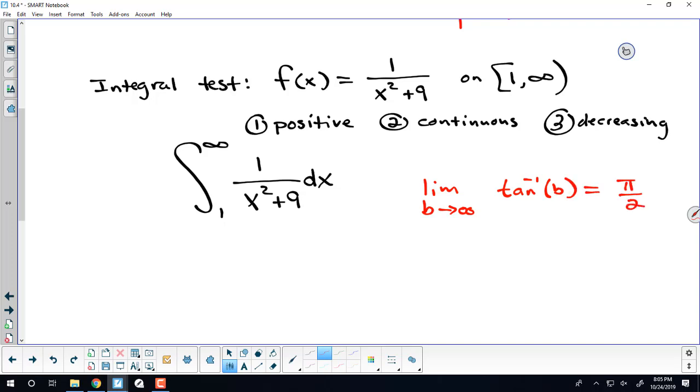So you would get a finite value here for this integral. Noticing that we could shift it saves quite a bit of time. Verifying that it's positive, continuous, decreasing, finding the antiderivative, computing the limit, it's pretty tedious. But you would get a finite integral here.